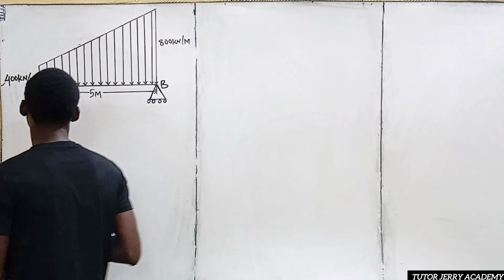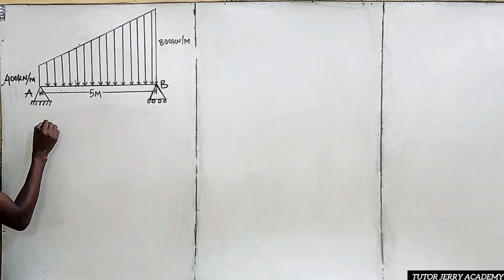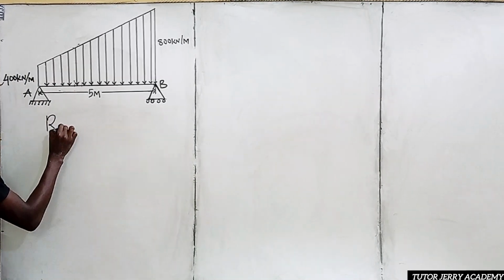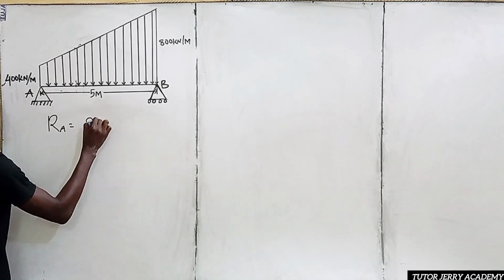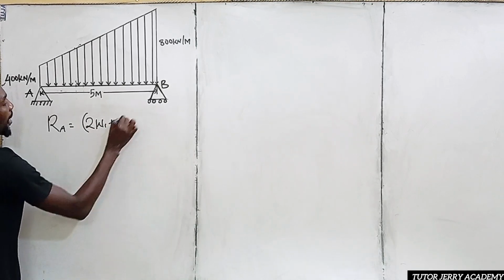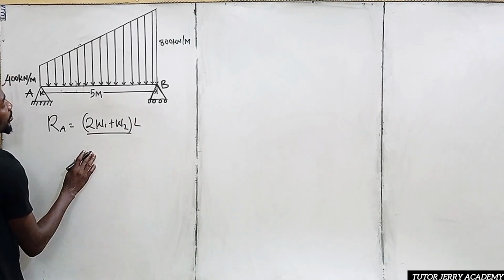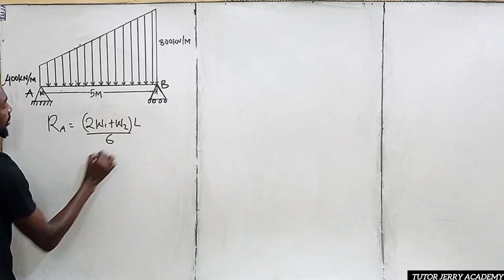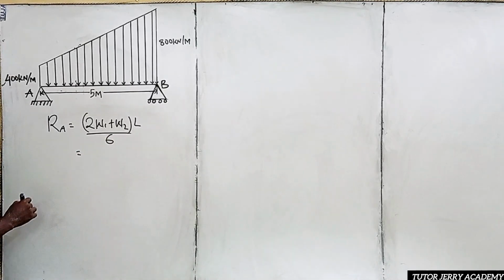If you can recall, the reaction at support A, R subscript A, is equal to (2W1 plus W2) multiplied by L, all over 6.